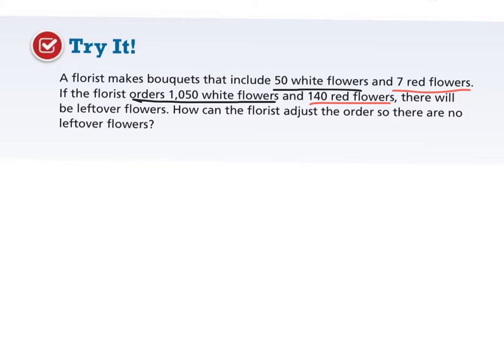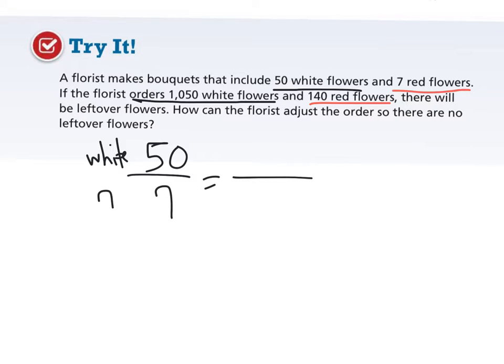So how can the florist adjust the order so there will be no leftover flowers? All right, so basically we want to keep this ratio of 50 to 7. 50 white flowers for every 7 red flowers. So 2 different options. One option is let's keep the number of red and change the number of white, or we can do the opposite of that.